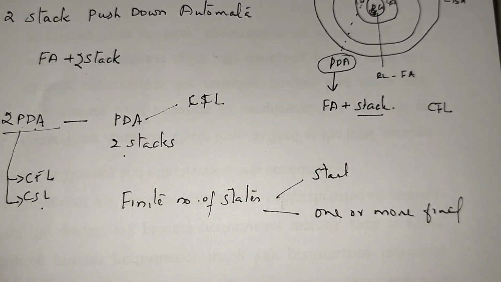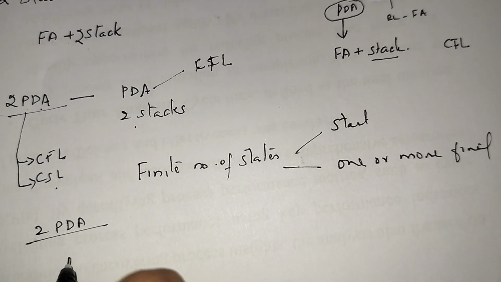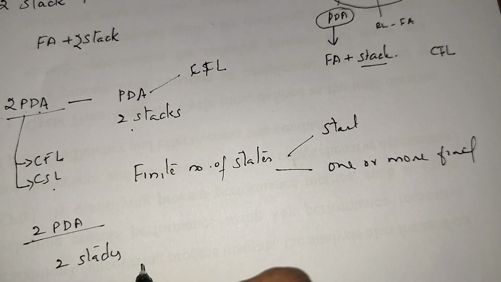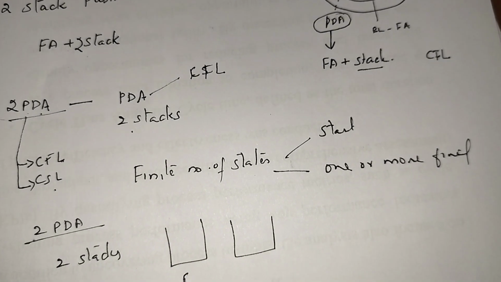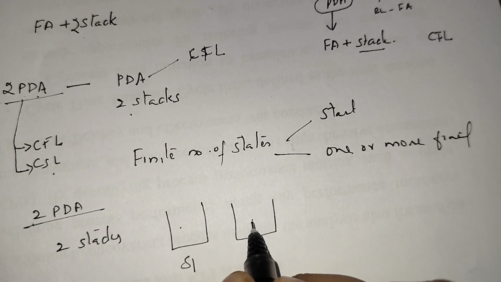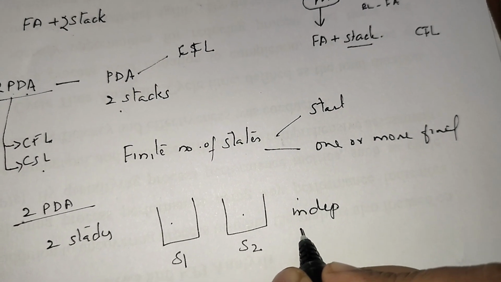And if we are considering the number of stacks, a 2 PDA contains two stacks which can be used to store symbols. So there will be two stacks, this is stack 1, this is stack 2. Each stack can be manipulated independently.